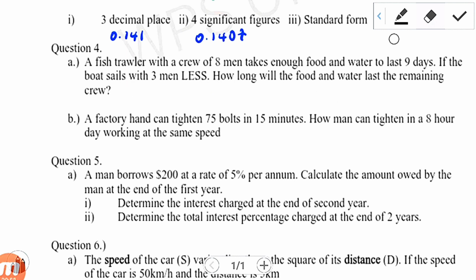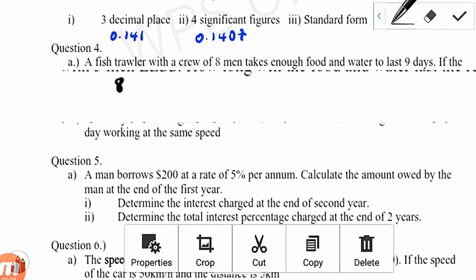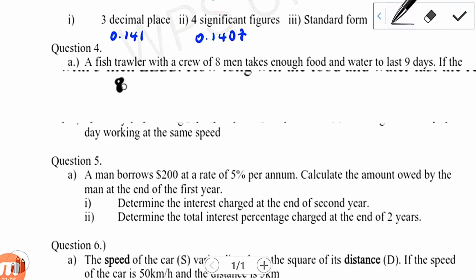But let's just set the problem up. It's not a very difficult calculation. I strongly encourage that you always write down the information that you first have. So what you know for certain is that the food will last 8 men 9 days. Then obviously your task here is to find out how long it would last 1 man.